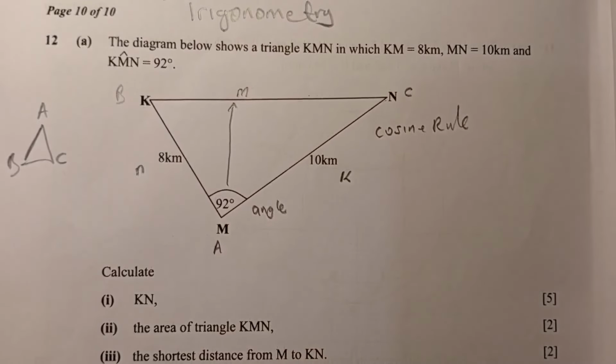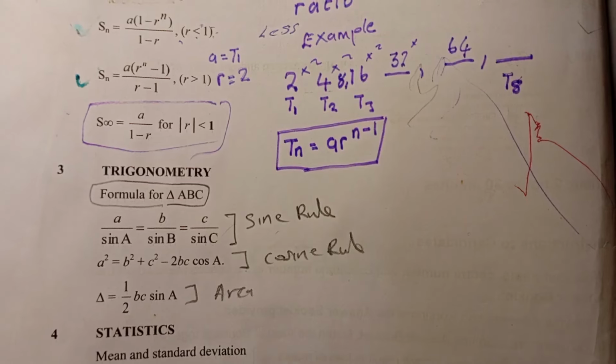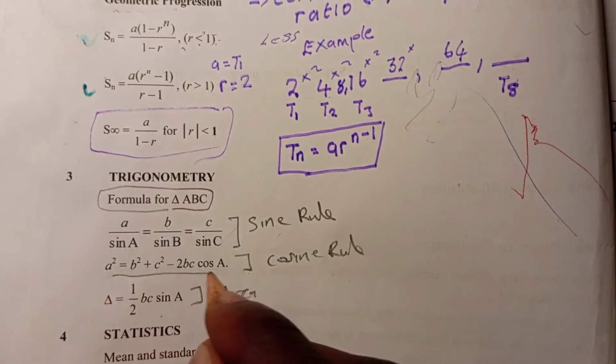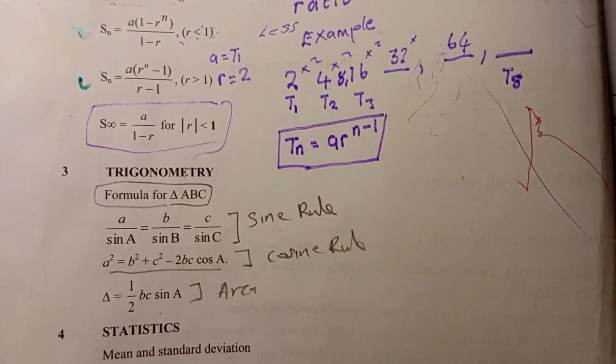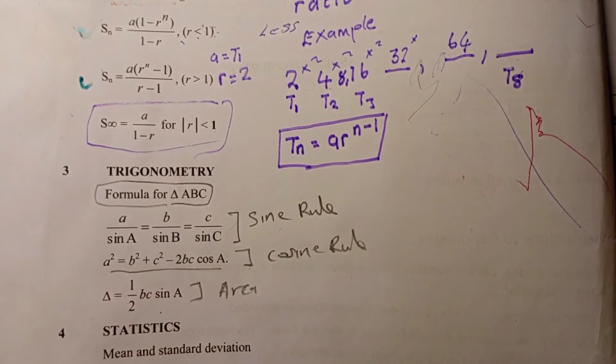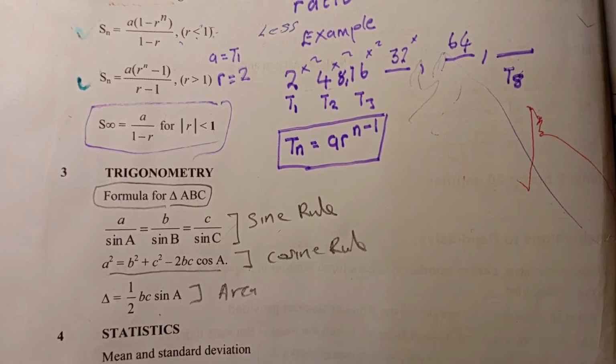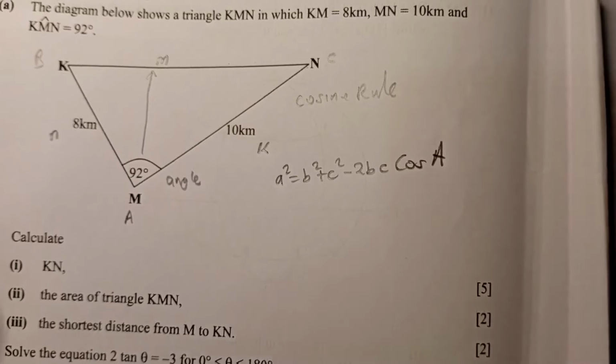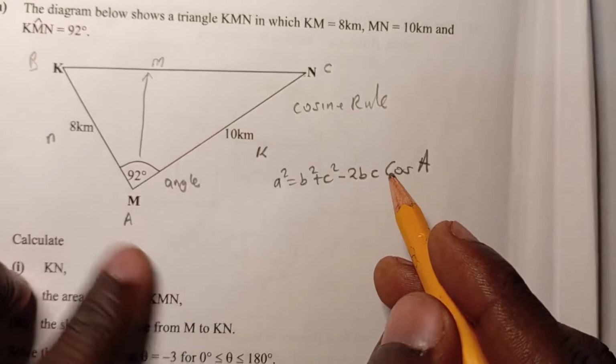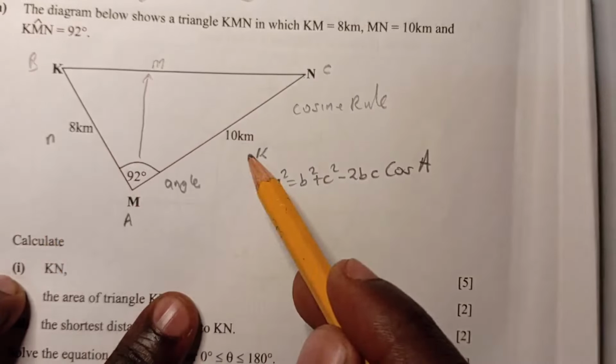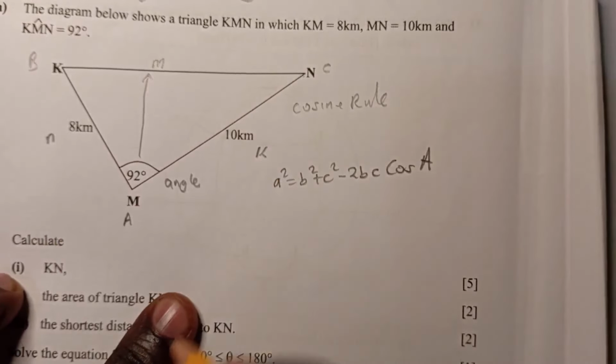So now let's look at the cosine rule. So the cosine rule is this one here. A squared is equal to b squared plus c squared minus 2bc cos A. Okay, so that is our cosine rule here. But in terms of the letters that were given here, we are going to rewrite this formula.